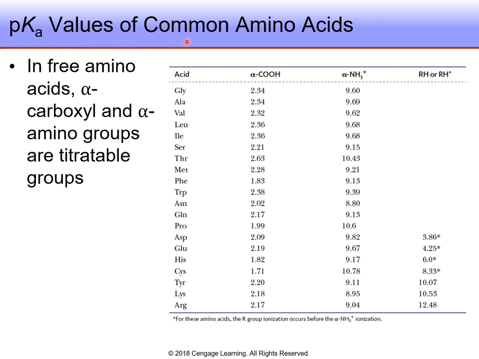These are the pKa values of common amino acids. In the free amino acids, the alpha carboxyl and alpha amino groups are titrable groups. As you can see, these are the values. Do not memorize any of these pKa values because they will be given to you.